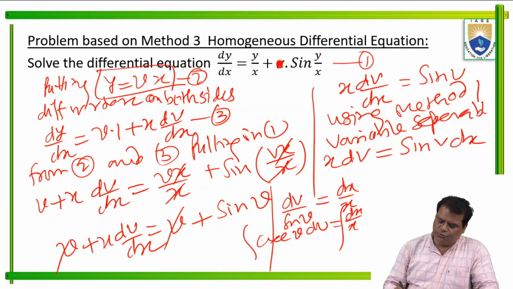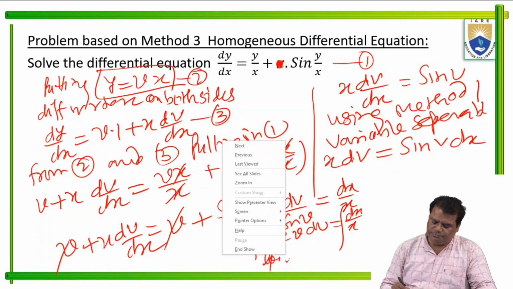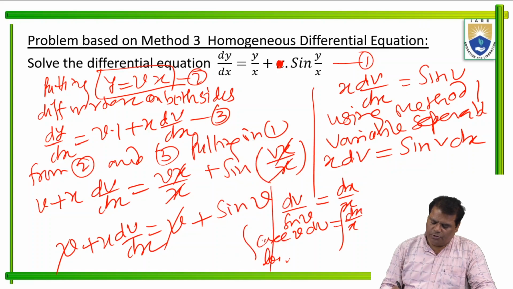Integrating on both sides, the integration of cosec v is log tan(v/2), so log tan(v/2) equals log x plus log c.